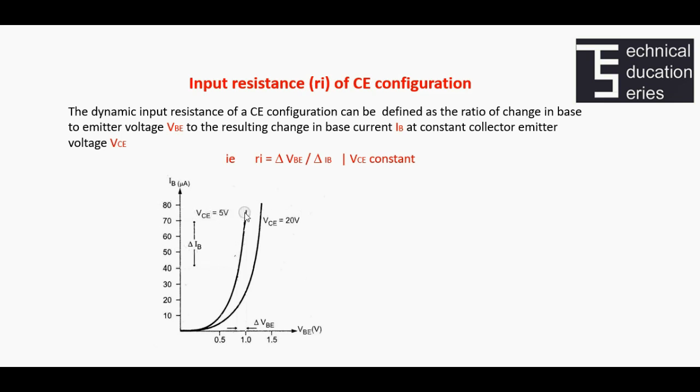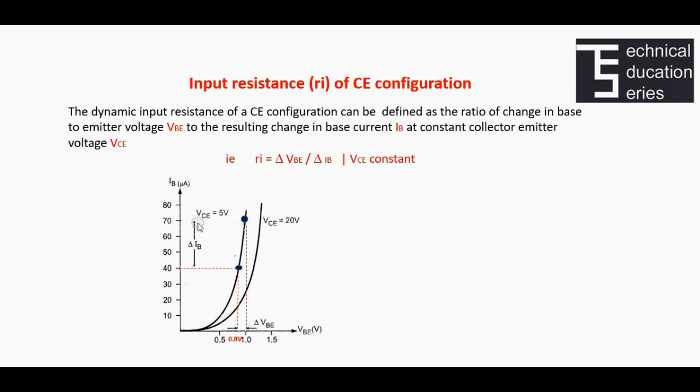Now let us take the input characteristics curve for VCE equal to 5 volt and take a point on the VBE axis, say it is 0.8 volt. See the corresponding current at 0.8 volt for the curve, that is 40 microampere. Now let us increase the VBE to another value, say 1 volt.